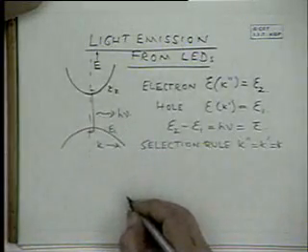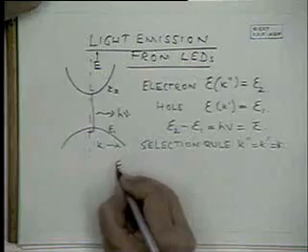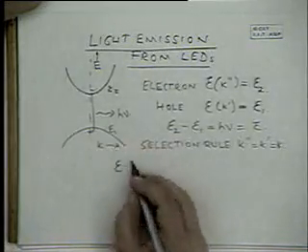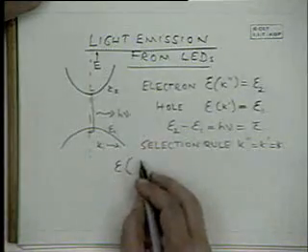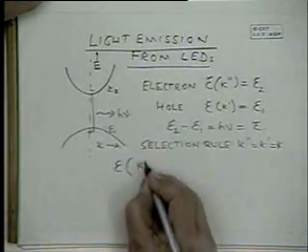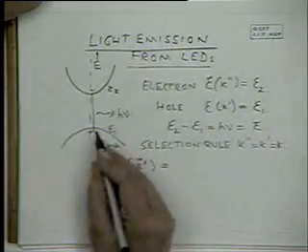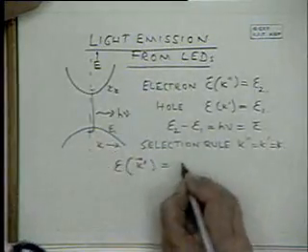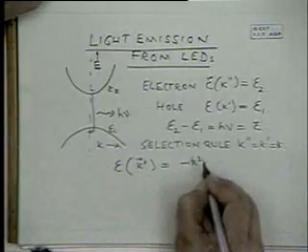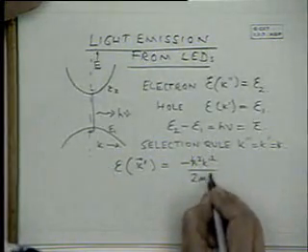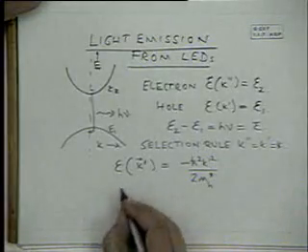So what is the E-k relation? For the hole in the valence band, E of k dash is equal to minus h squared k dash squared by twice mh star, the effective mass of the hole.